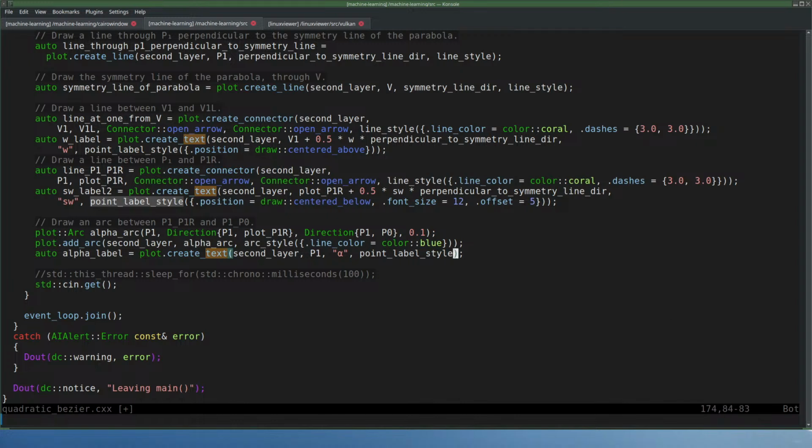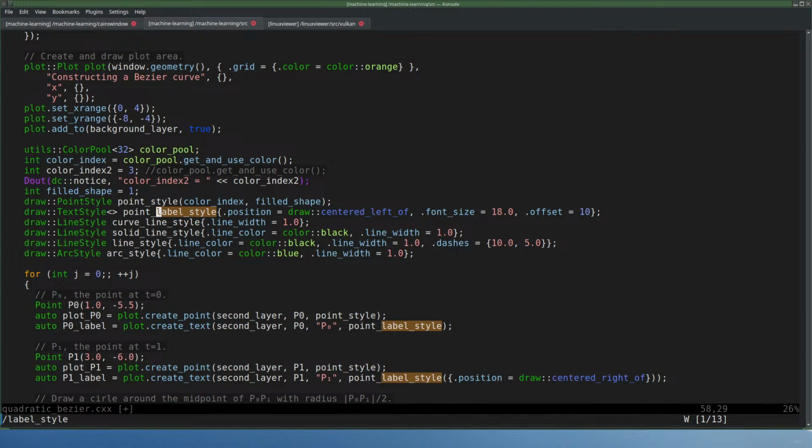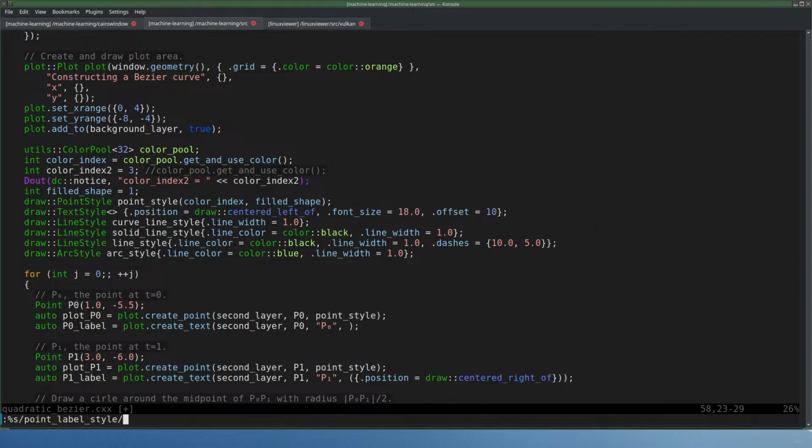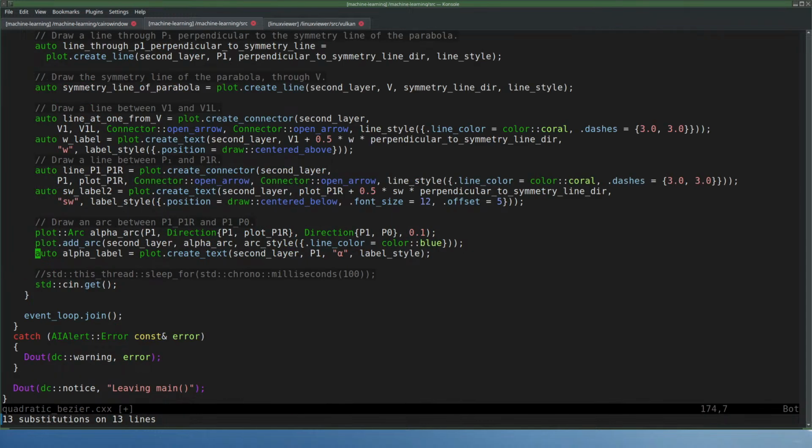It's not even a point, and I'm using it. I think the only thing I have in terms of label style is a point at the moment. As you can see, might as well rename it because, come on, label style. Nothing to do with the point.